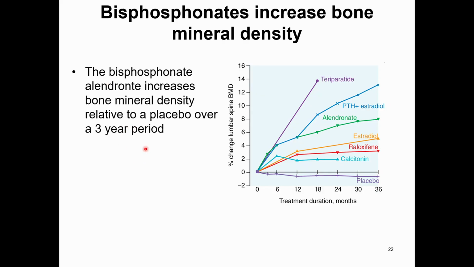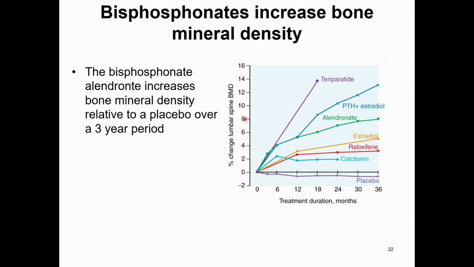And here you can see some clinical data. So here we're treating people over a period of months out to 3 years. And here's the placebo down at the bottom. No real change over 3 years. And here on the x-axis is the percent change in the bone density in the spine of the lower back.